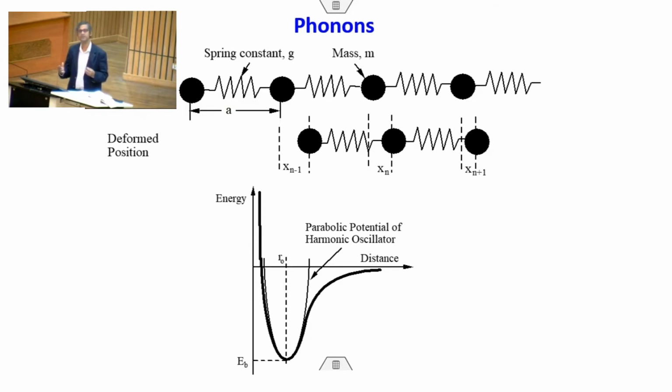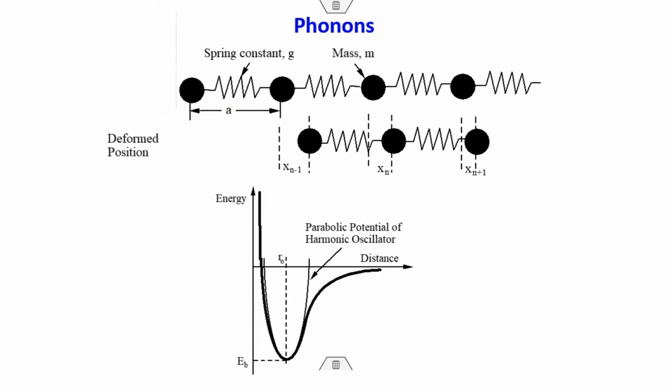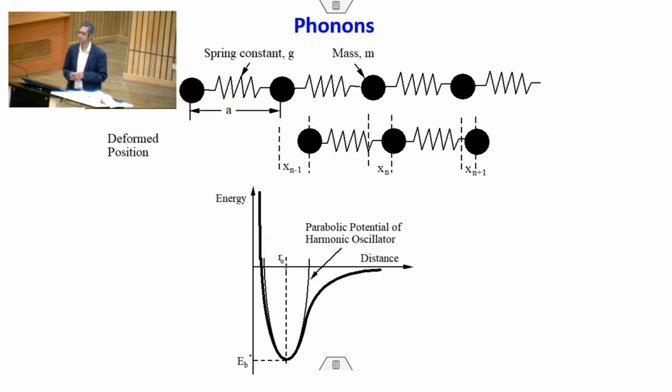The repulsive force is the electron cloud overlap. The balance of these two forces gives us the equilibrium position of the atom and the energy, which is given by R0 and EV. Now as you heat it up, these atoms try to oscillate from the mean position of R0.